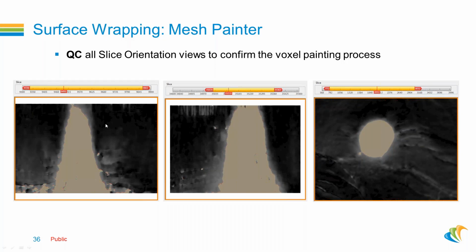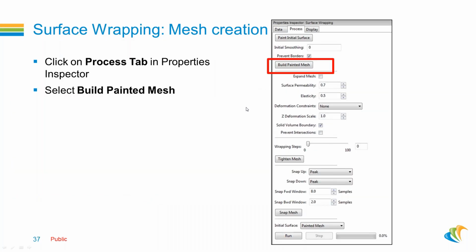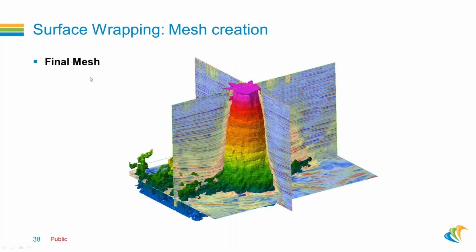You can see in the different orientations here: inline, cross line, and time. And what we see in gray, to me it is gray, I don't know, depending on your resolution, what color you are looking at, but this light color here is exactly the capture with the mesh painter. So the next step is just to build the paint mesh, and after finishing this process, we are creating something like this.